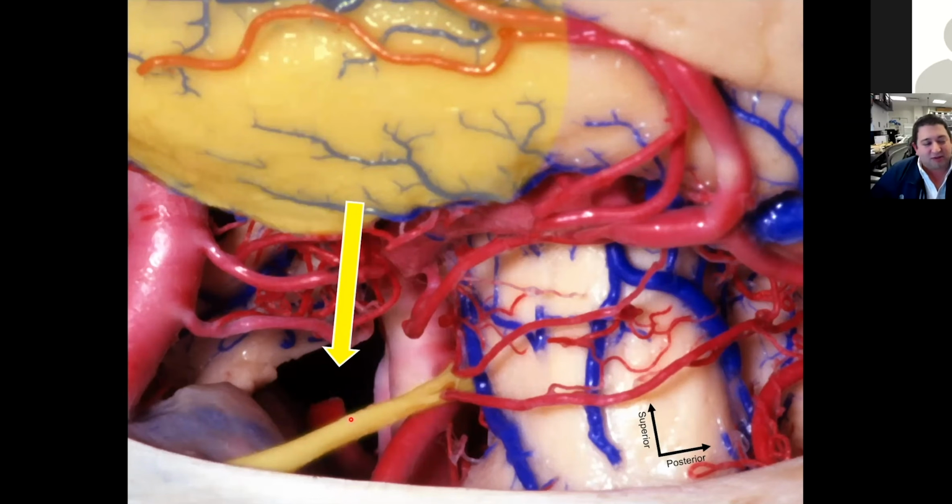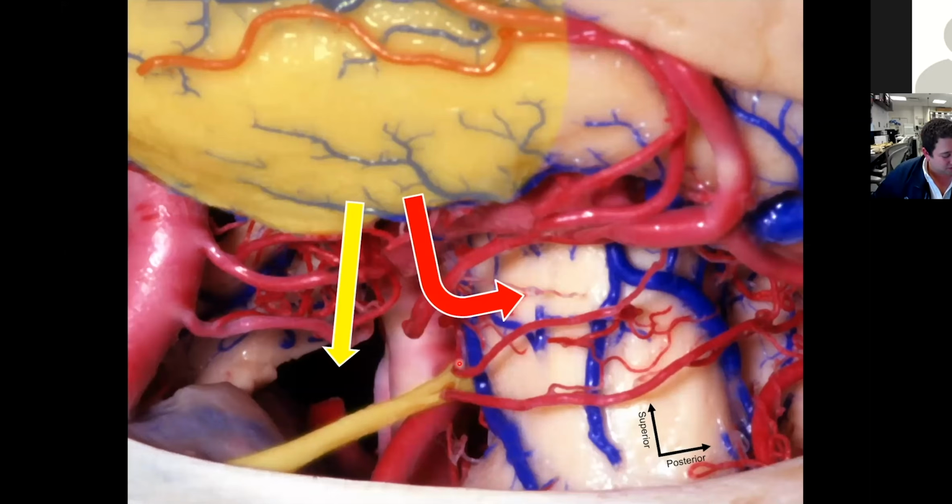And this of itself is not necessarily life-threatening, but what is life-threatening is that if untreated, the uncus can also compress the midbrain, causing respiratory arrest and death. So you can see here, this is superior, right? Here's our midbrain going up. There's the medial portion of the temporal lobe.